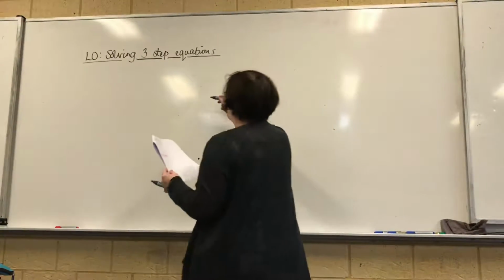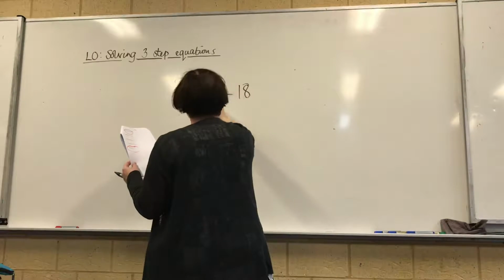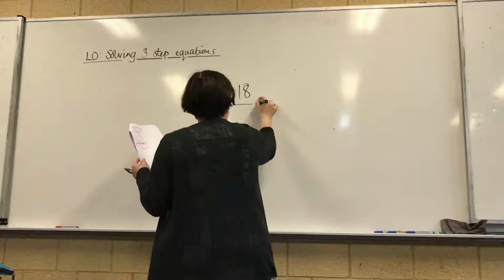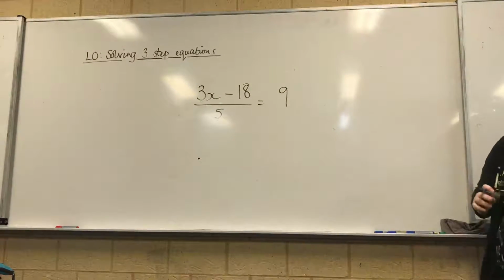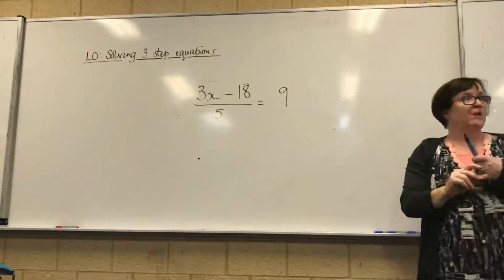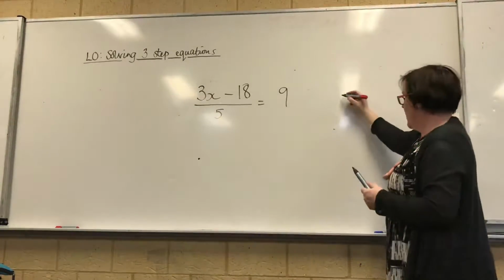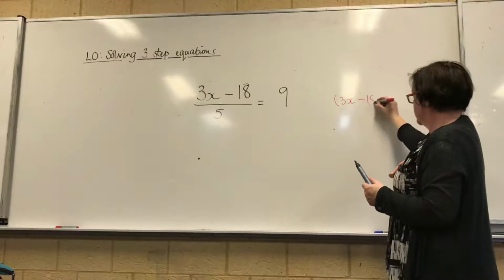So, this one. Now this one will answer your question again, Jordell. Okay, so the 3x take 18 is divided by 5. Now if I were to write that the long way, it would have to be like this.